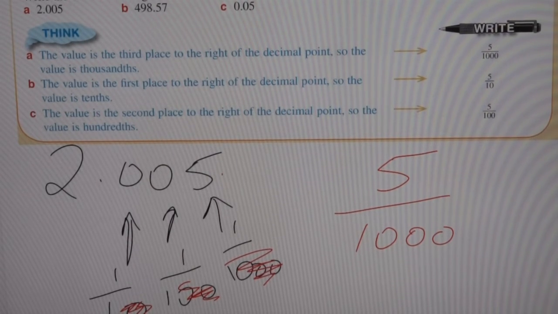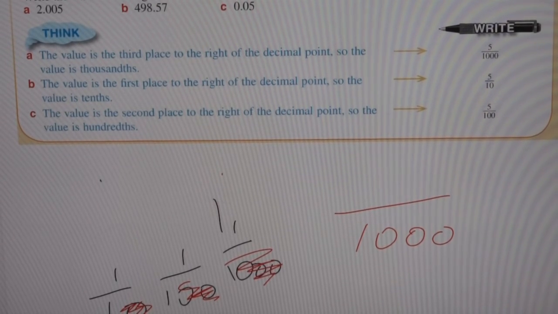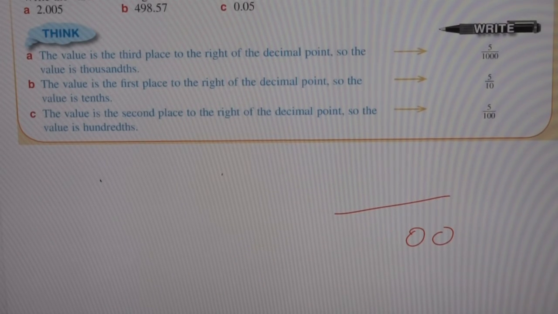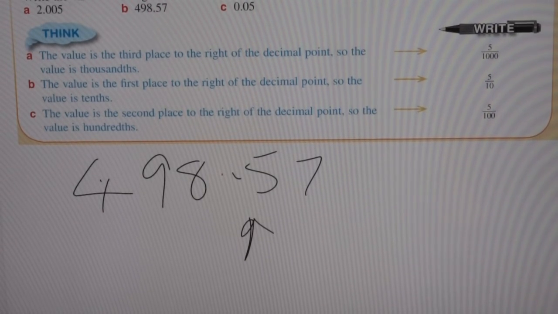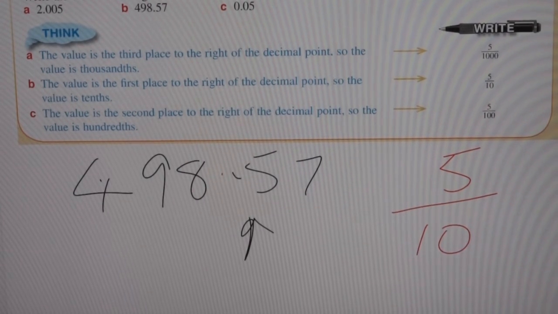In the next one, 498.57, we are in the first position, so that's 1 zero or tenths. So the 5 represents 5 tenths.